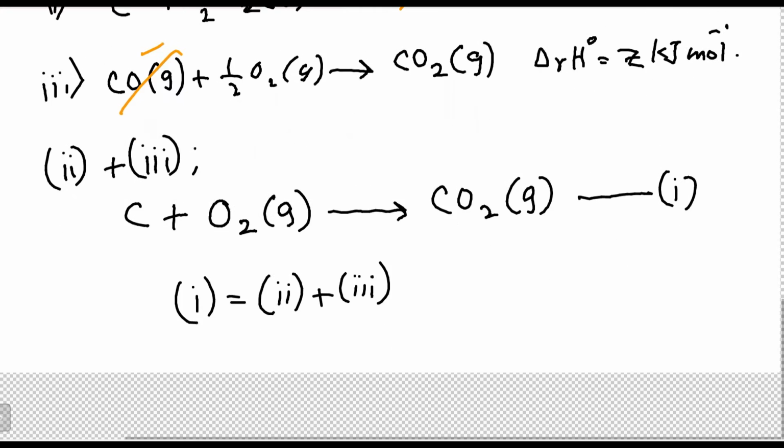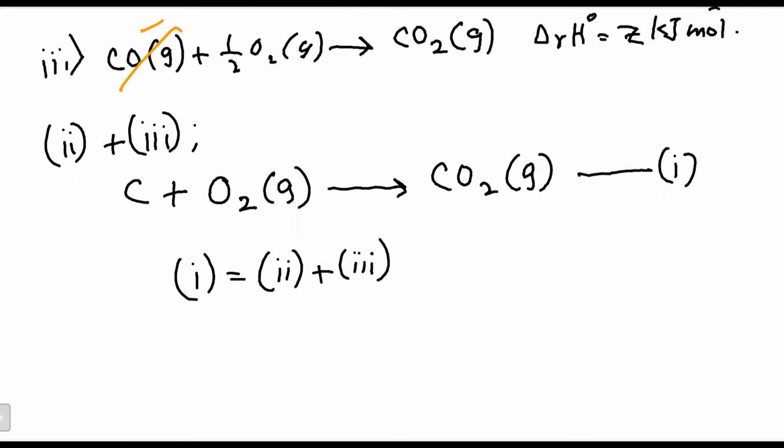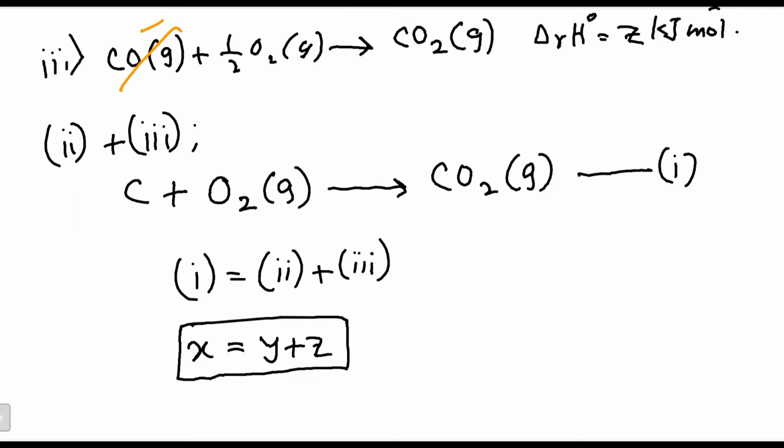You just have to put their enthalpy values, so you will get X equal to Y plus Z. This will be the algebraic relationship between them. So according to this, option D is the correct answer.